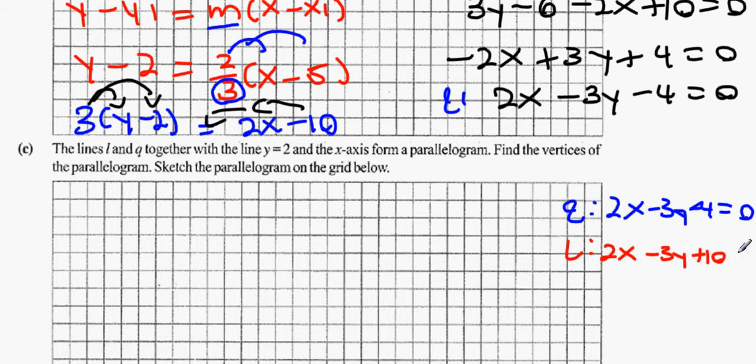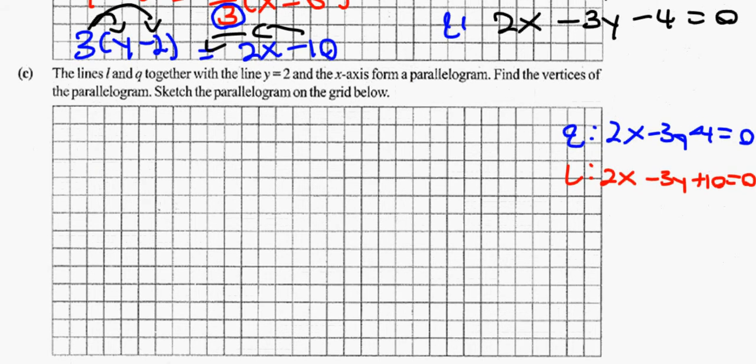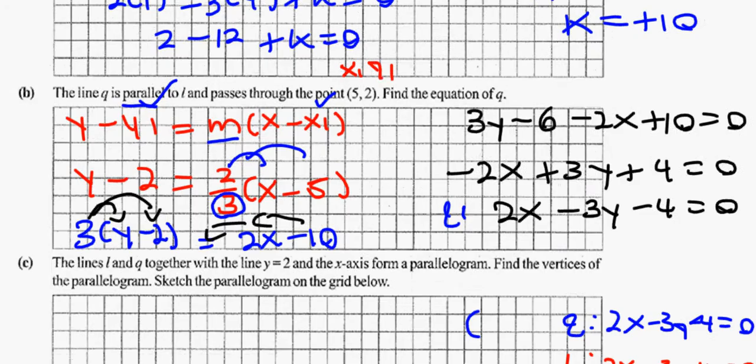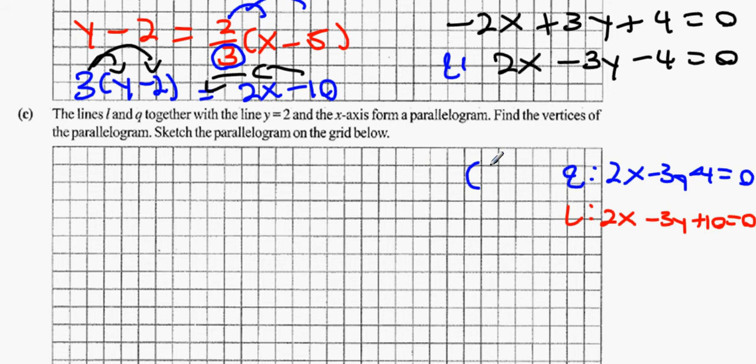Now, to draw a line, we need to know 2 points on it. What we already know about Q is that Q contains the point (5, 2), because we've been given that. We need to find another point that Q contains. So when y equals 0, we need to find what the x value of Q has to be.